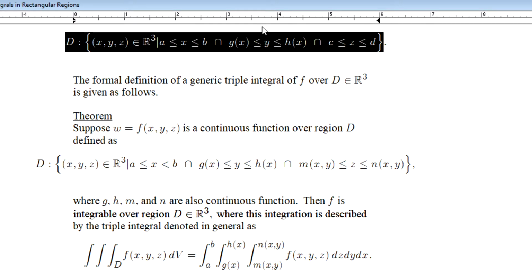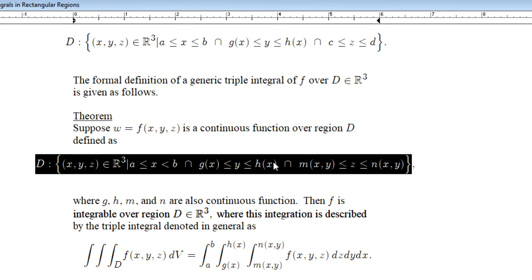But what this is here is a more specific scenario of what could be generalized in our theorem. All right?